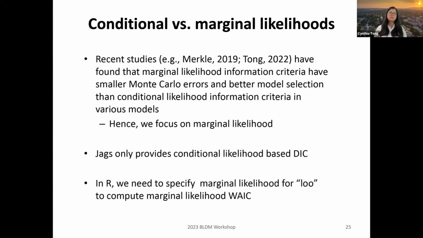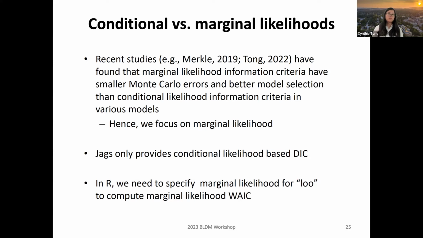Based on my simulation studies, even for growth curve models with latent variables, sometimes the information criteria based on conditional likelihood could still be very misleading. And especially for mixture models, growth mixture models, the conditional likelihood-based DIC or WAIC values will not give you the correct number of latent classes. So we focus on marginal likelihood in this workshop.